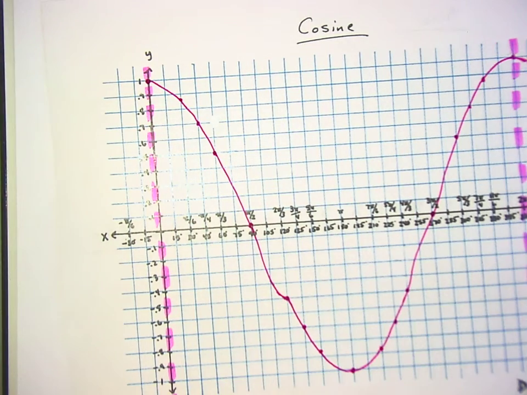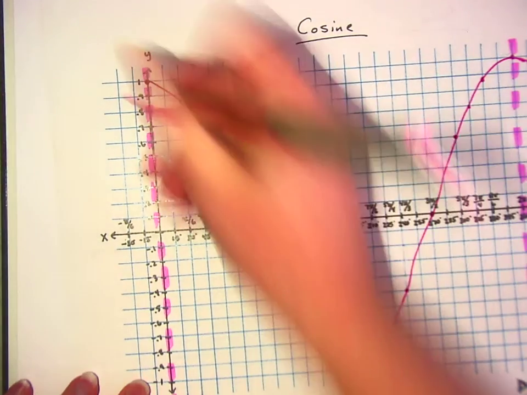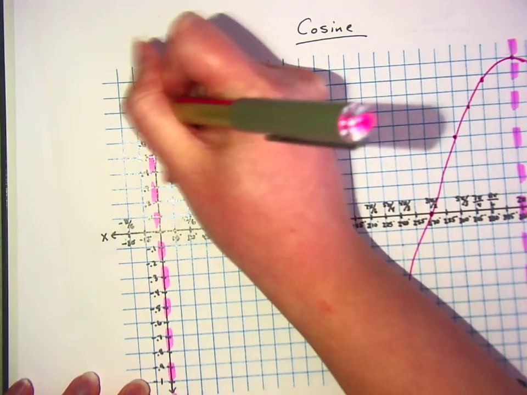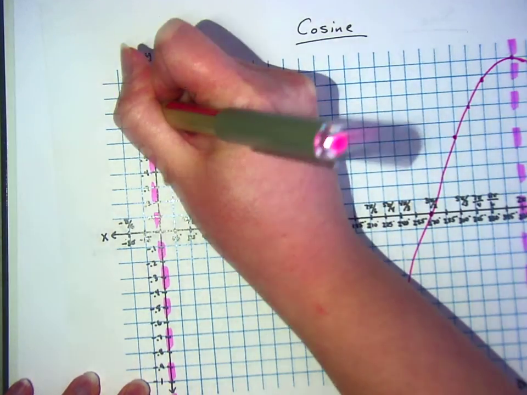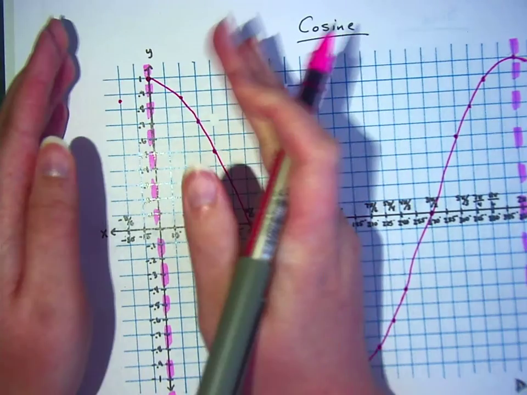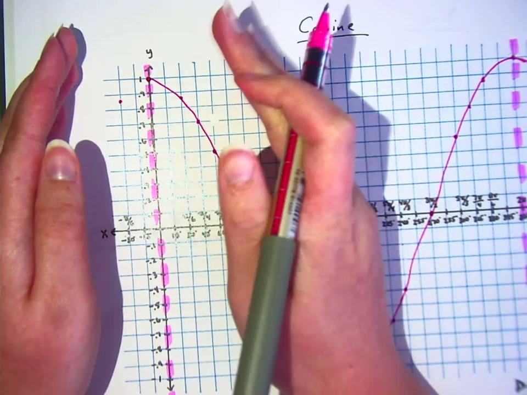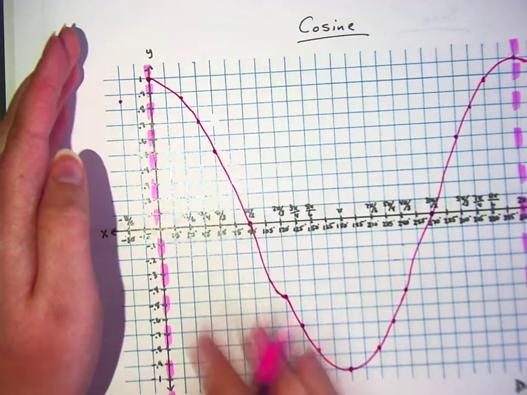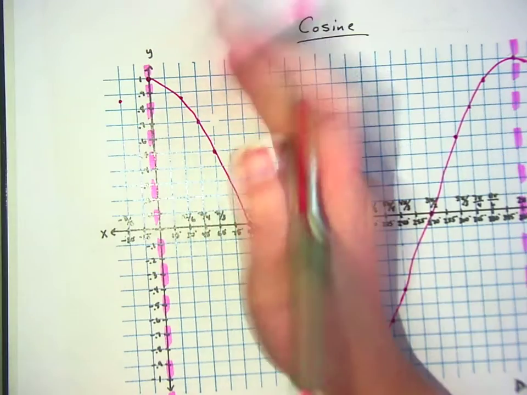Anyone know where I would be at negative pi over 6? It's still a mirror image, but now you actually have the y-intercept, the y to be the asymptote.